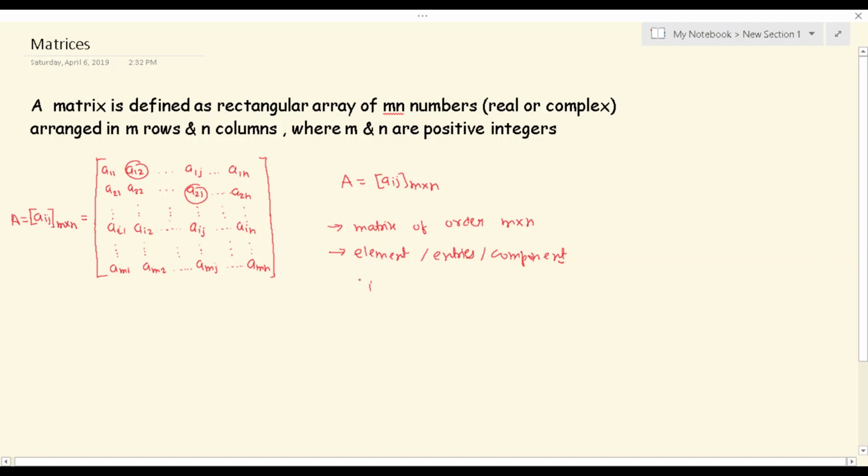Here it's written like Aij. Here Aij is nothing but an index. This we call the index, and i denotes the row number and j denotes the column number.